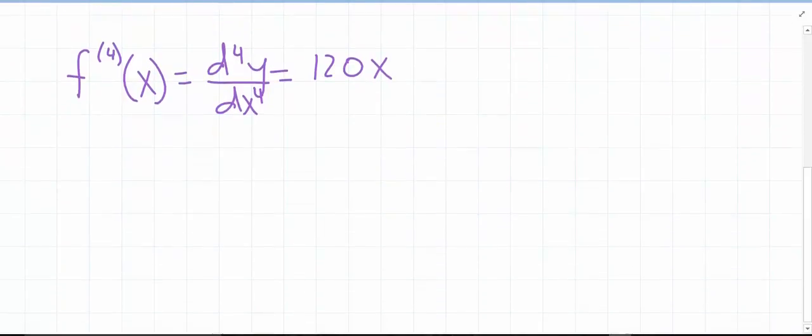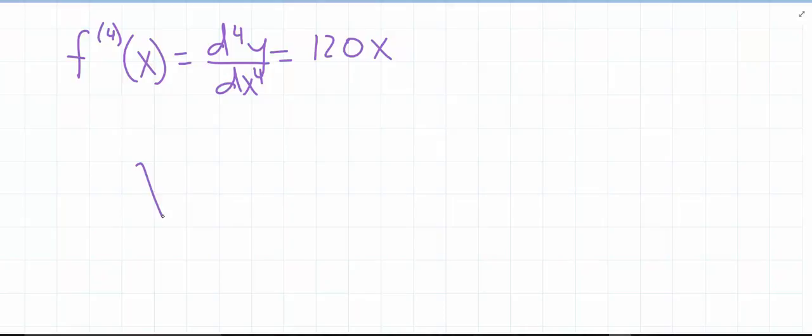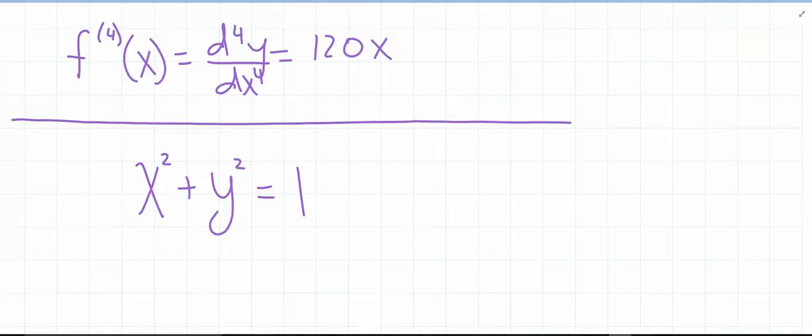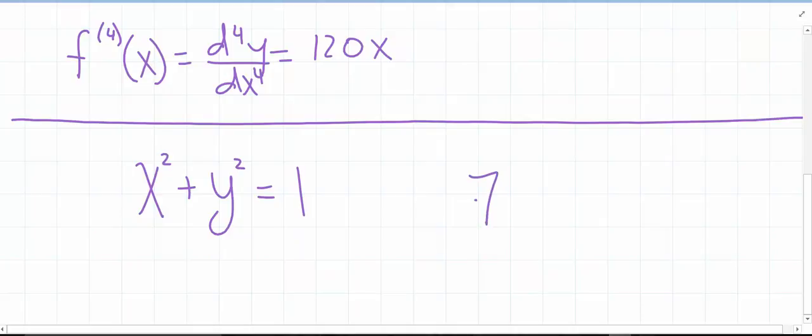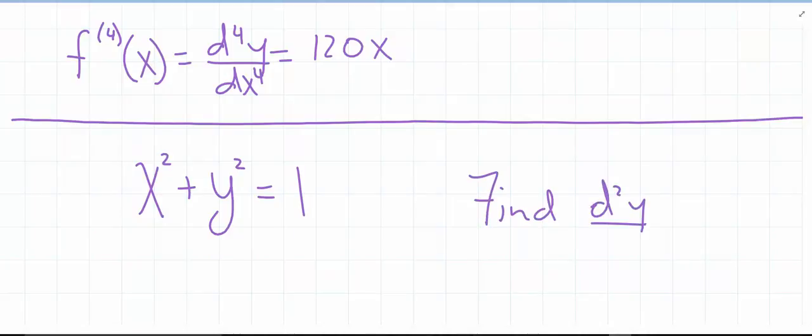So what we want to do is say, okay, what if you have an implicit situation here? X and y, they're entangled some way. We don't see y equals right away. We just have a situation like this. Now, we've already dealt with this problem before, but let's suppose what we want to find here is the second derivative. And we have y given to us in this form.